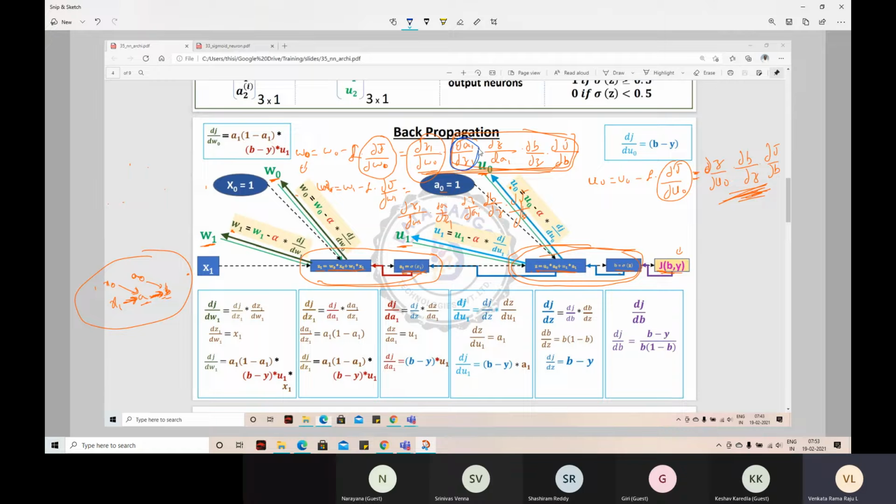I'll talk about that. There is a derivative calculated for the activation function. This is one activation function, this is another activation function. I'll talk about that later. But you got the gist. U0 is equal to U0 minus alpha into dJ by dU0, and U1 for this one, this part is going to be dZ by dU1 into dB by dZ into dJ by dB.